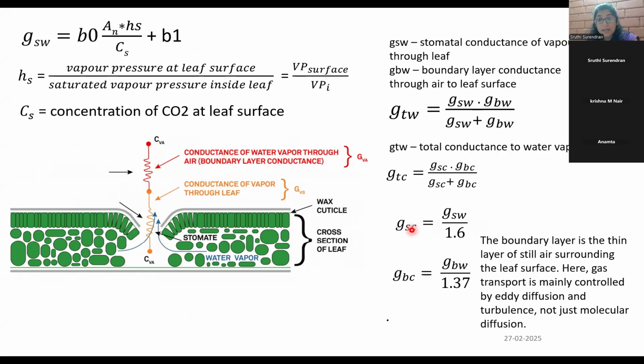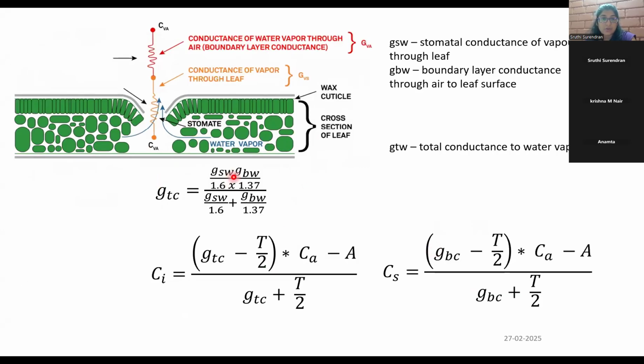After all of that, the diffusivity coefficient that we get is 1.37. So just like how we divide the stomatal conductance to water vapor by 1.6, we will divide the boundary layer conductance by 1.37. Then we substitute this in this equation and we get GTC equal to this format, GSW into GBW by 1.6. This is how you will get it in terms of the water conductance.